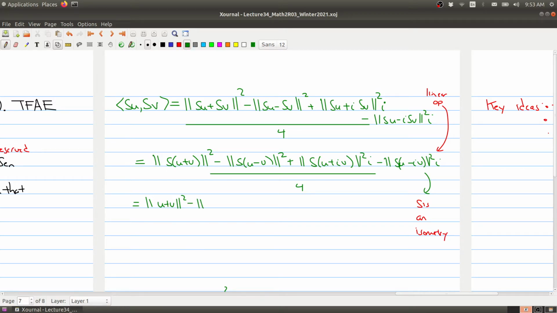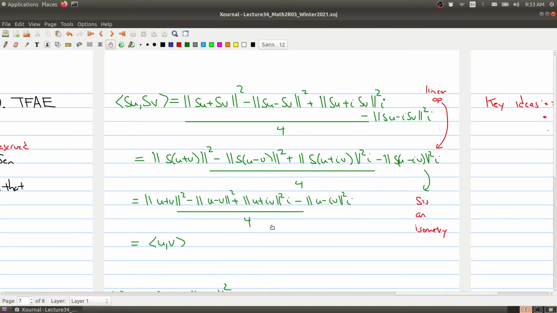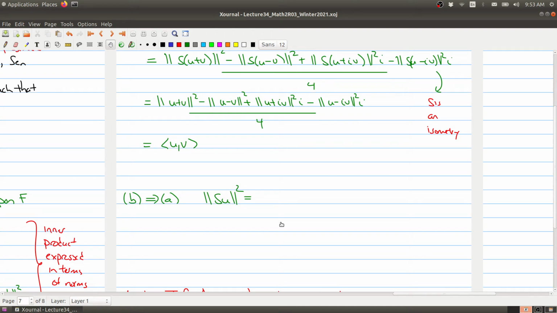And so I get minus the norm of U minus V squared, plus the norm of U plus iV squared times i, minus the norm of U minus iV squared times i, all over 4. But if you step back and stare at that, that is actually the formula again for the inner product of U and V. So there we go. The inner product of U and V is the same thing as the inner product of SU and SV.